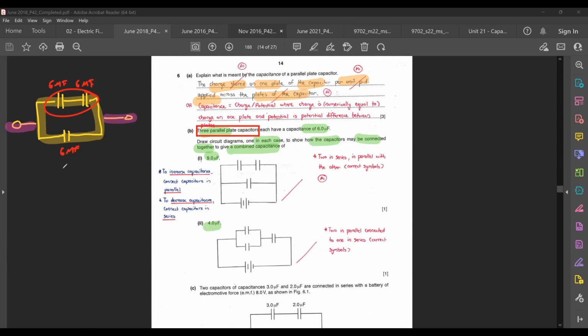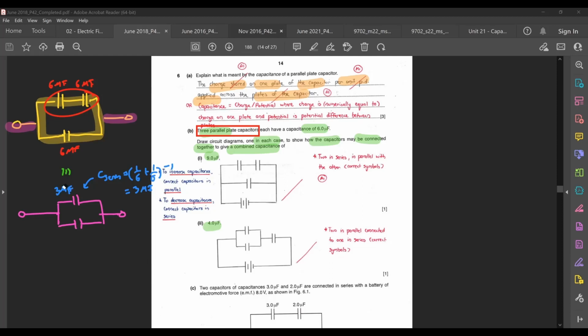They're always in the opposite manner. So this one will become something like this now. This is the capacitance in series, which was 1/6 plus 1/6 to the power -1, giving me 3 microfarads. Okay, so this is 3 microfarad.